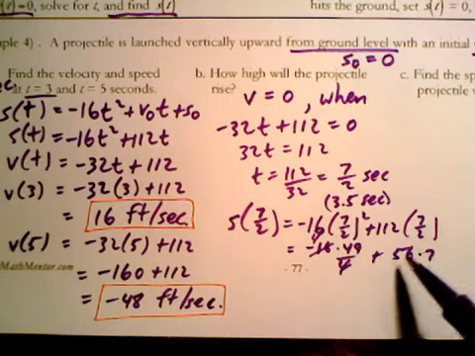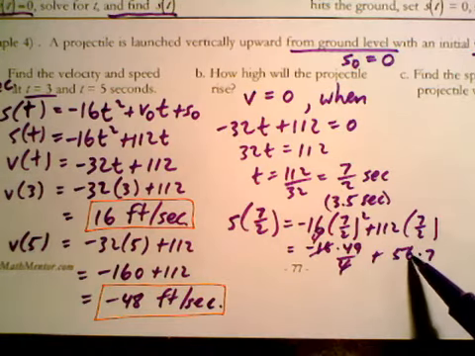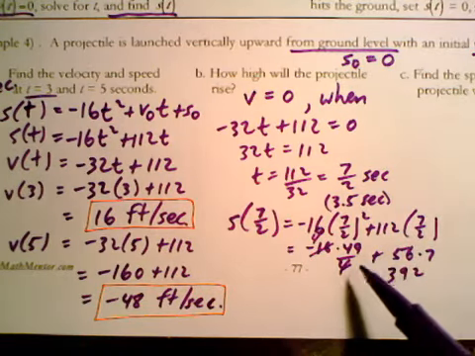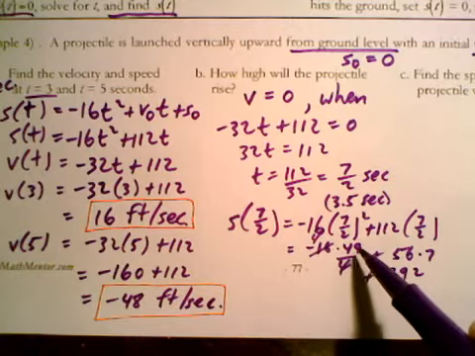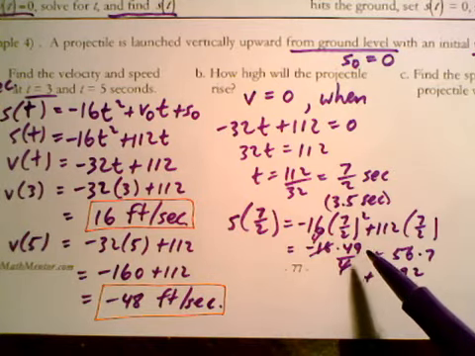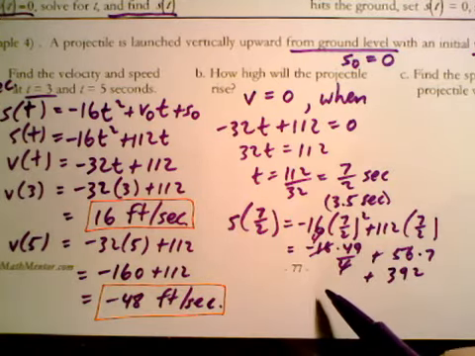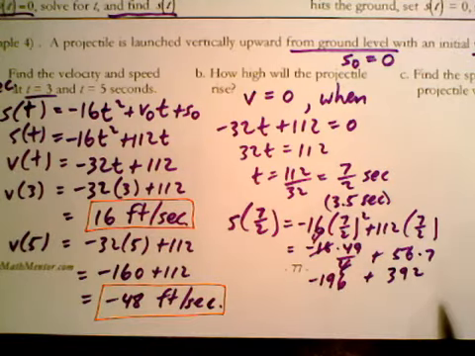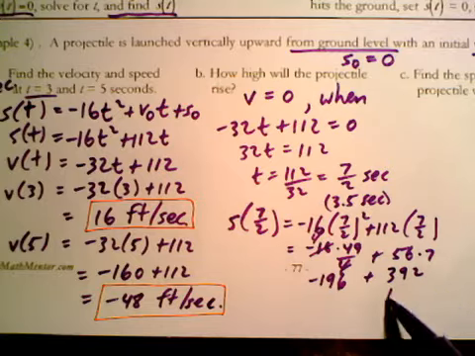And so 7 times 56 is 392. So 392 plus negative 4 times 49, well, that would be negative 196, right? What's negative 196 plus 392?